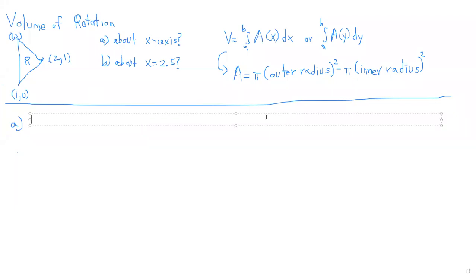When the line you're rotating R on is horizontal, or in other words y is equal to a, where a is any real number, you integrate the area with respect to x.